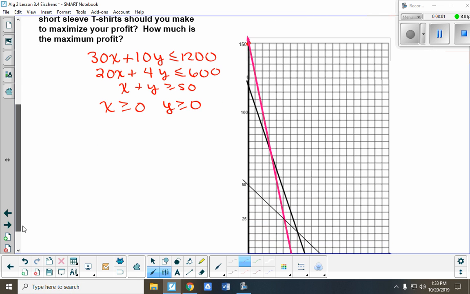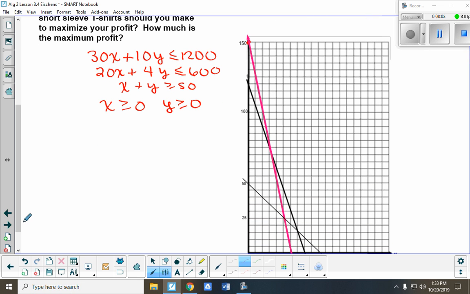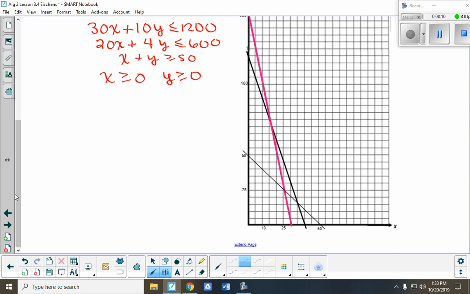Now, when you graph those lines, and I use the intercept method, if I cover up, if Y is equal to 0, X would be equal to 40, and I'm counting by 5s here. So this is the first graph. And then your Y value is 120 up here. So that's the first equation, drew that line.